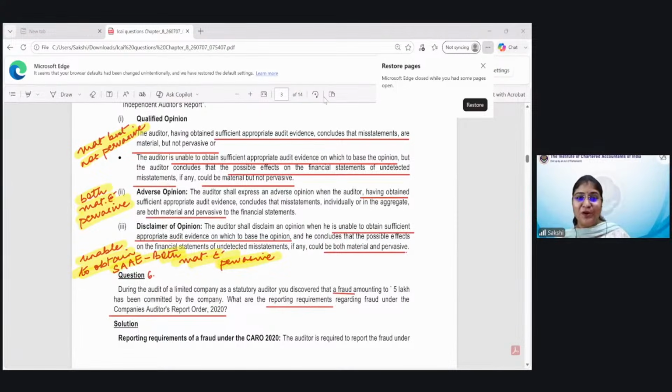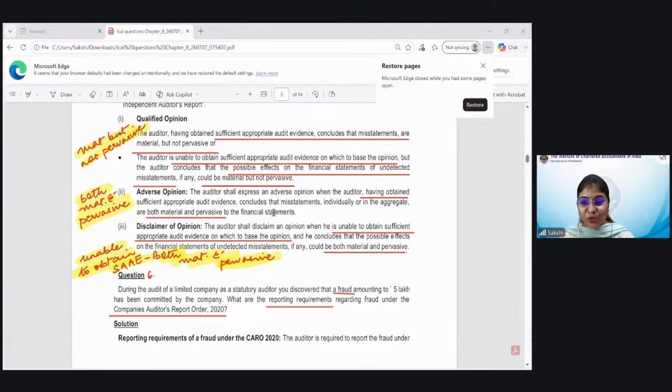Then comes the adverse opinion. What is adverse? He's saying it is hopeless. The auditor shall express an adverse opinion when the auditor, having obtained sufficient appropriate audit evidence, concludes that misstatements, individually or in aggregate, are both material and pervasive to the financial statements.